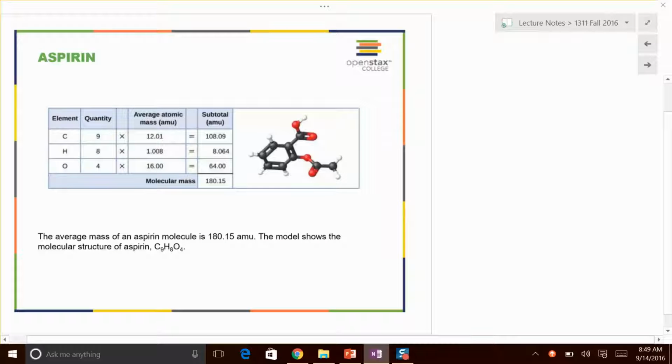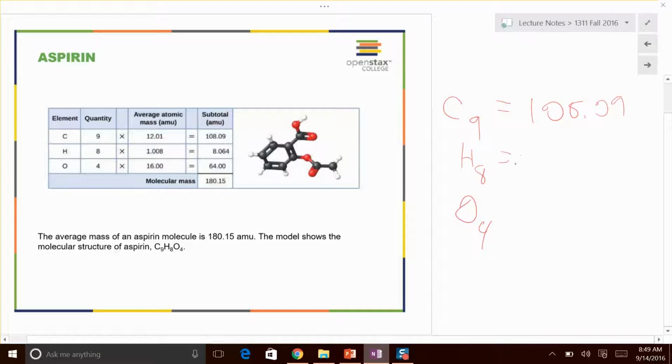Okay, so here's another example. Now, one way that might be easier for you, that I really like doing, is just writing it out: C9H8O4. So this already tells me how many I need to multiply everything by. Carbon weighs 12.011, so I multiply it by 9 and I get 108.09.